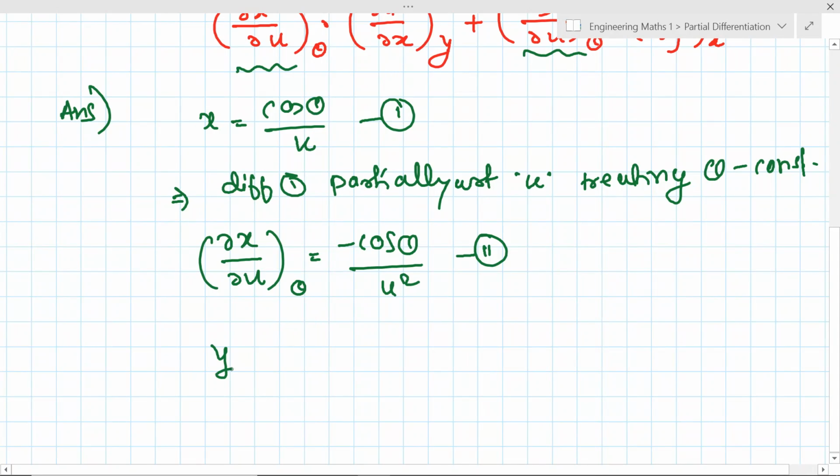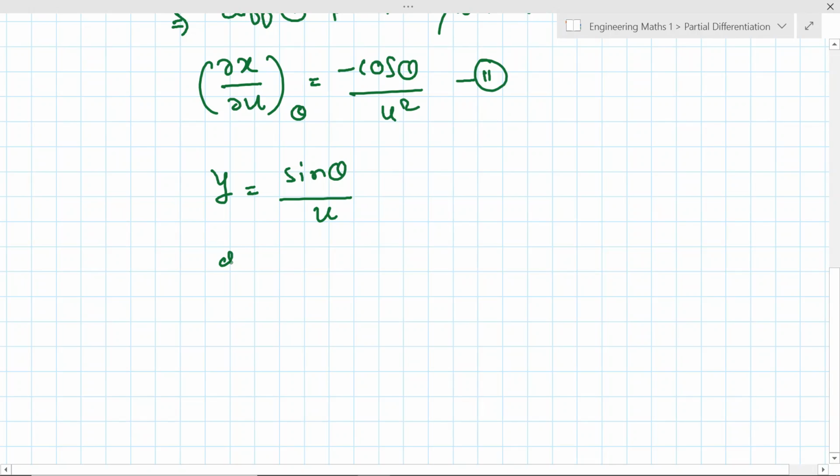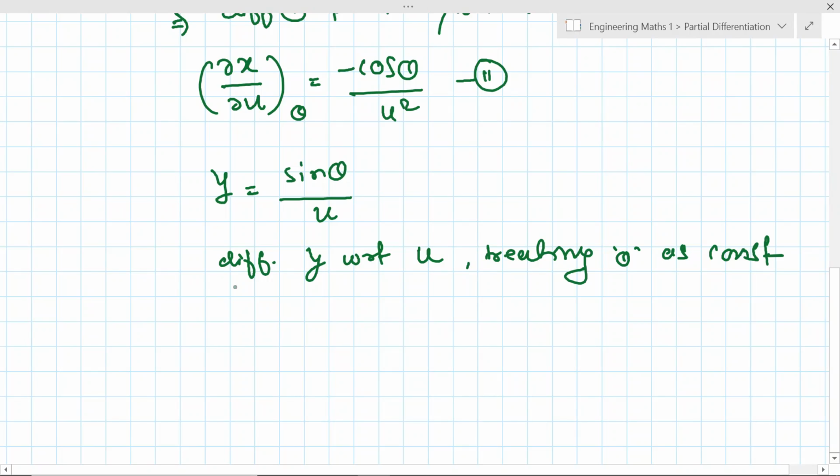Okay, now what is y? y is nothing but sine theta upon u. Again differentiate this with respect to what? Differentiate y with respect to u, treating theta as constant. Take this theta as constant. So what I get here, ∂y/∂u, is equal to, treating theta constant.